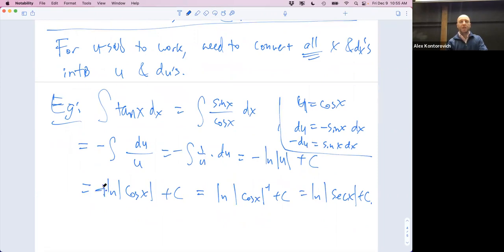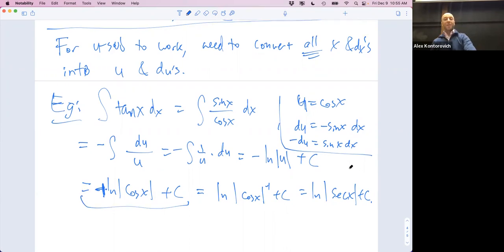I'm just using the log rule that if I have a log of something to a power, that power can come down, or conversely, that power can come up into the exponent. So it's to the -1 power, in other words, 1 over cosine. If you left it here, perfectly fine.